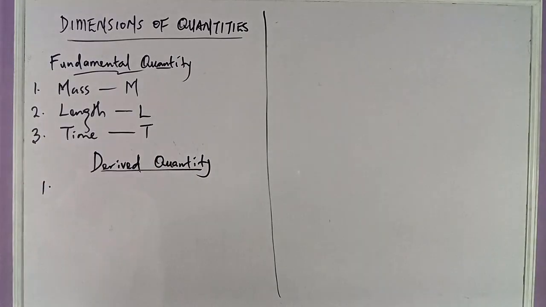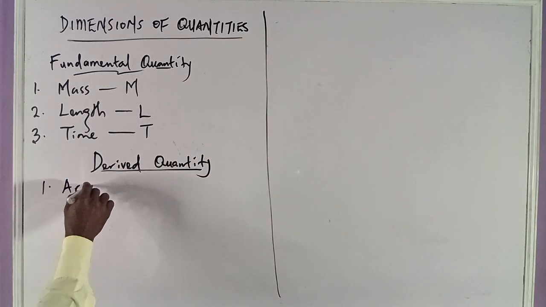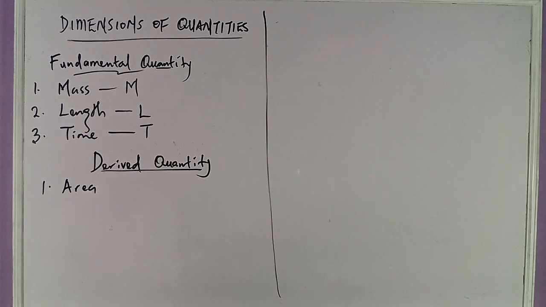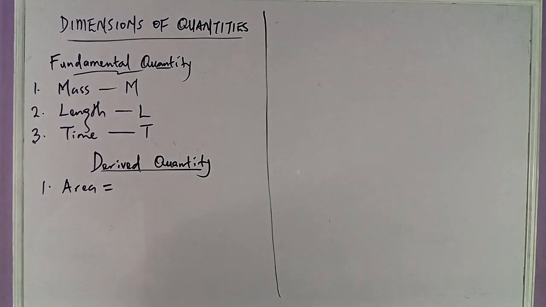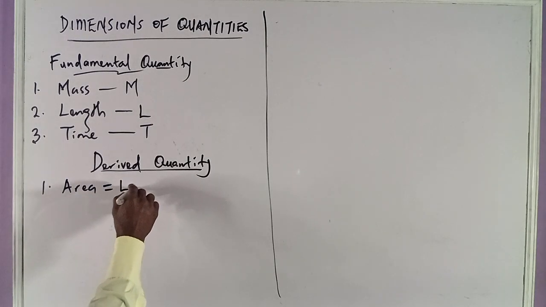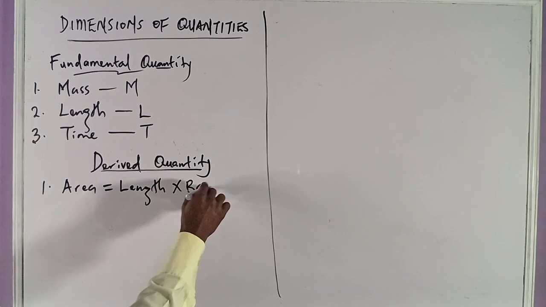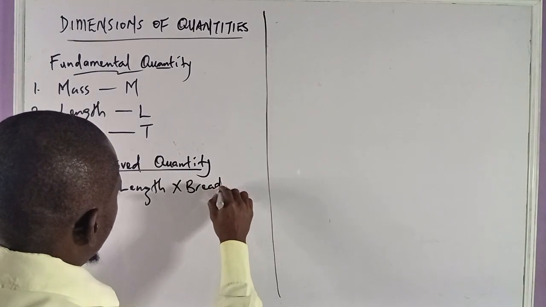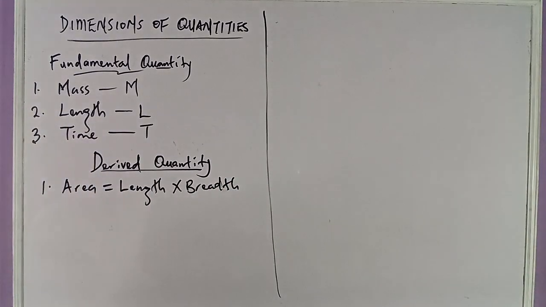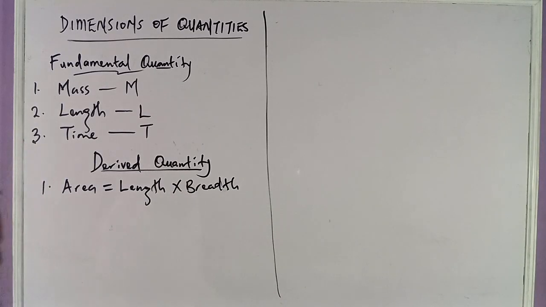The first derived quantity we're looking at is area. Area of any shape. Let's pick the shape to be a rectangle. The area of a rectangle is length multiplied by breadth. So we have the formula to be length multiplied by breadth.